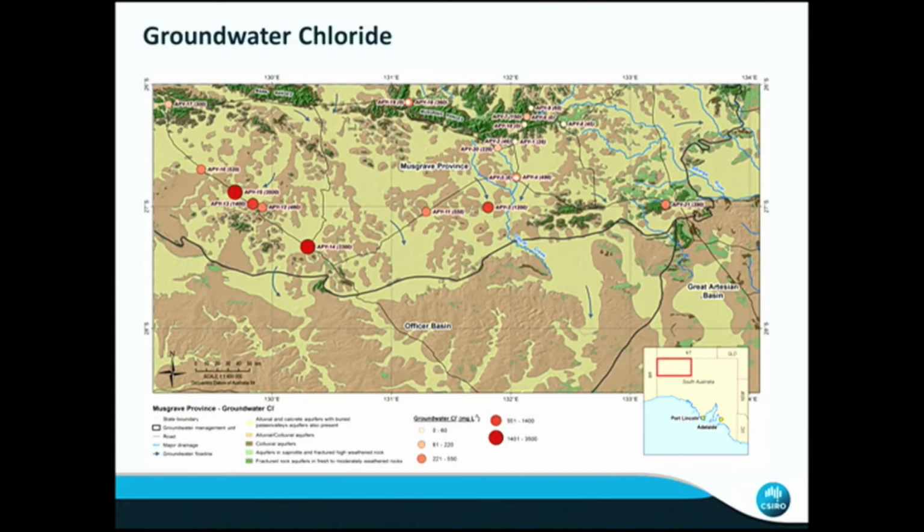What you do see quite clearly is a pattern of increased chloride content in the groundwater as you come away from the ranges, which are up here. So we're saying that in areas further down in the province, further to the south, your quality of groundwater will deteriorate in these paleovalley systems. And that's reasonable logic.